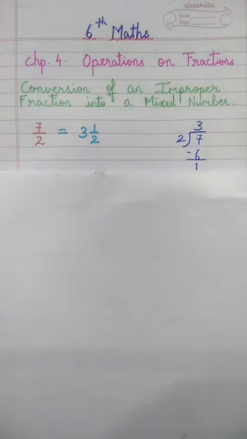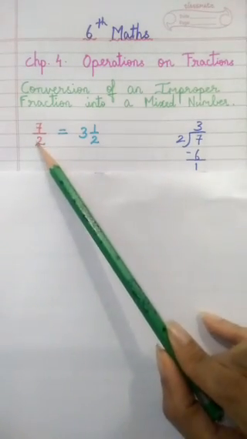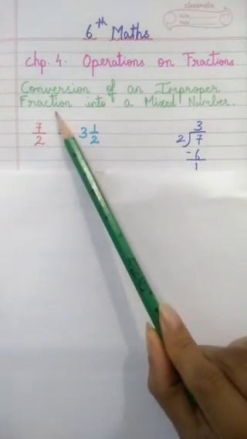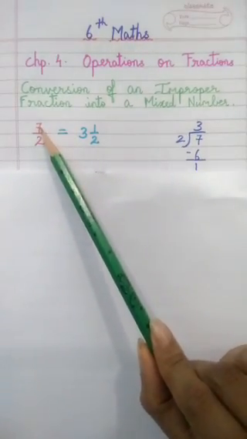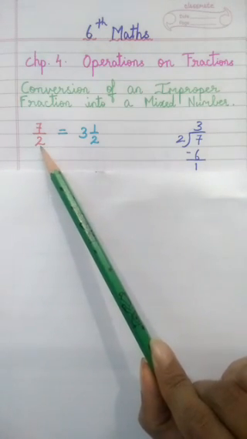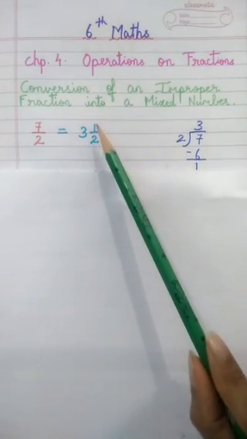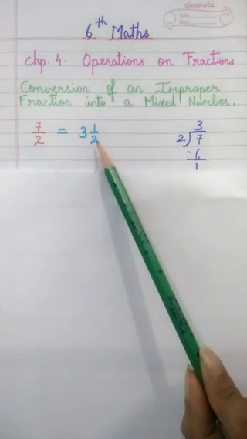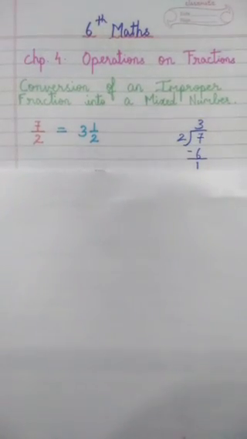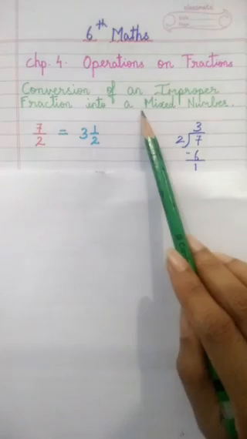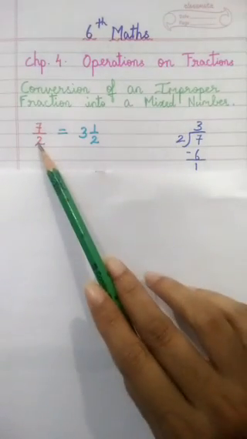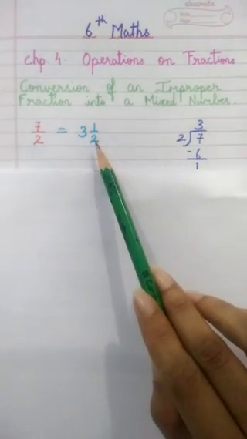Here 7 upon 2 is an improper fraction where the numerator is greater than the denominator, and 3 1 upon 2 is a mixed number. So our exercise for today will be to convert an improper fraction into a mixed number.